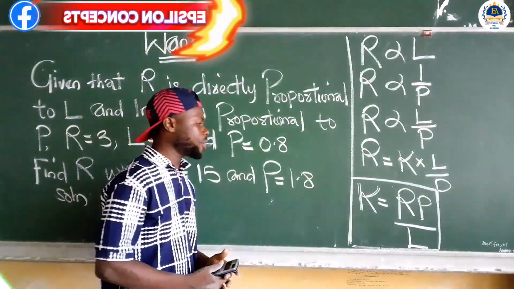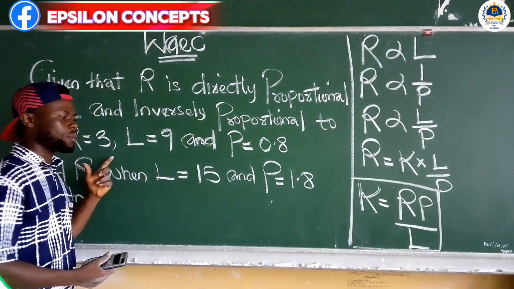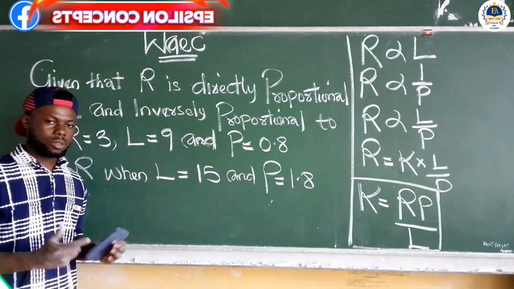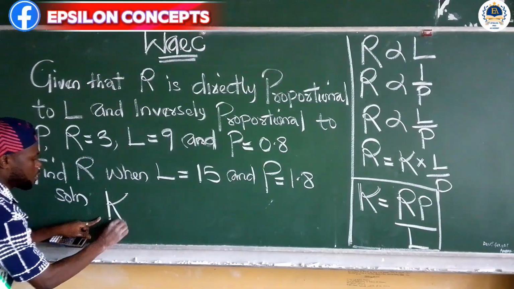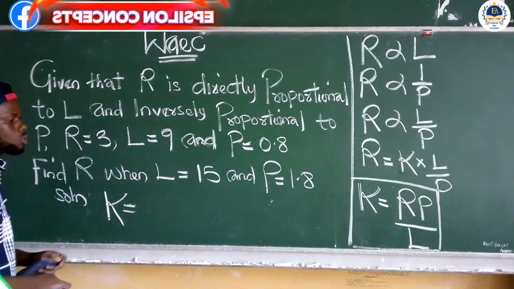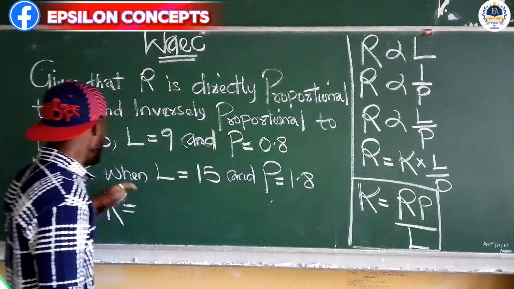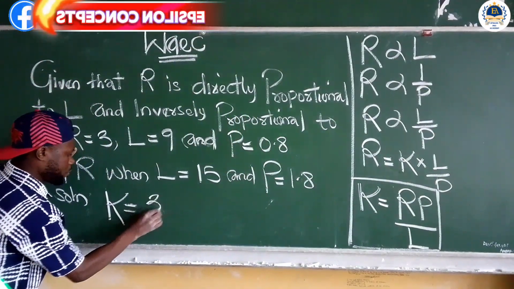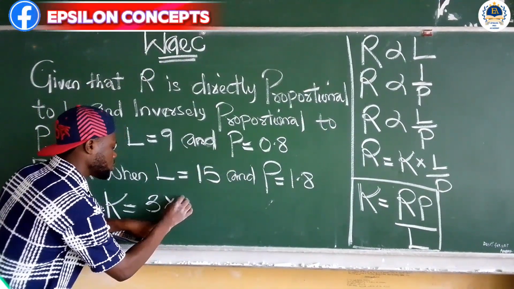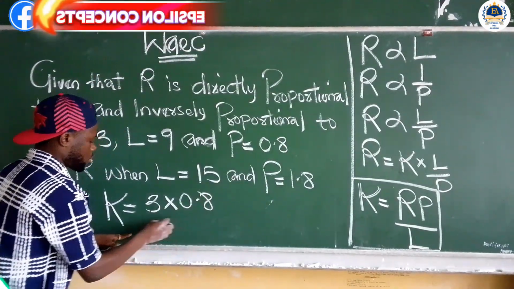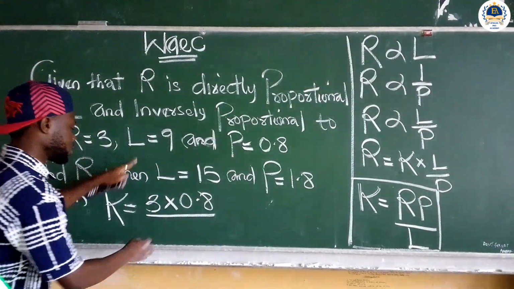Now let us determine the value of k from this relationship using the first statement or parameters provided on the board. Knowing that k is equal to that, k will equal R times P, when R is 3, times P, and P is given as 0.8, all divided by L, and L is given as 9.